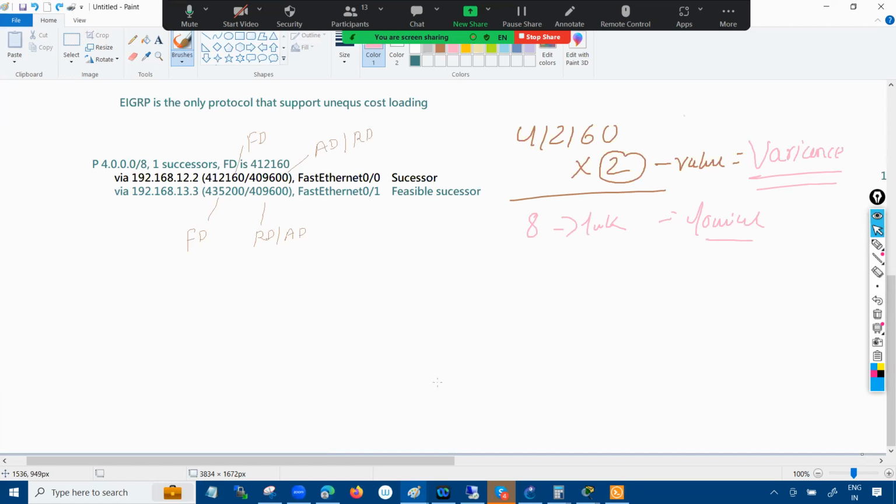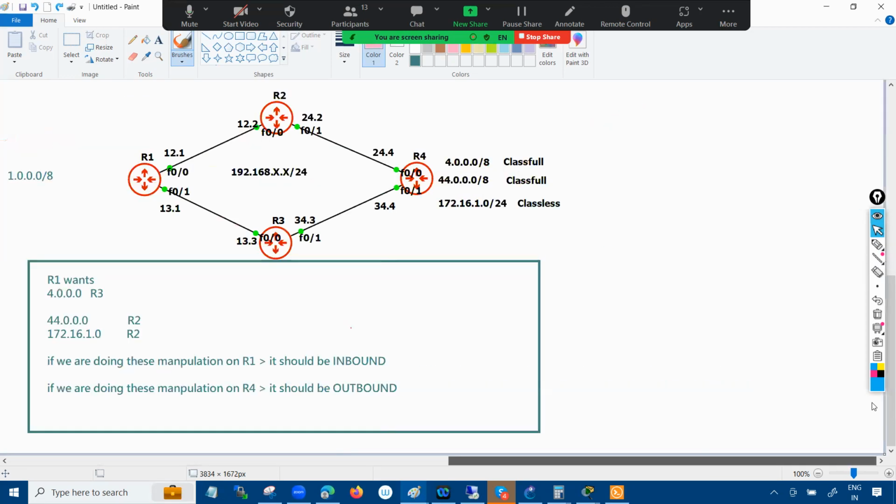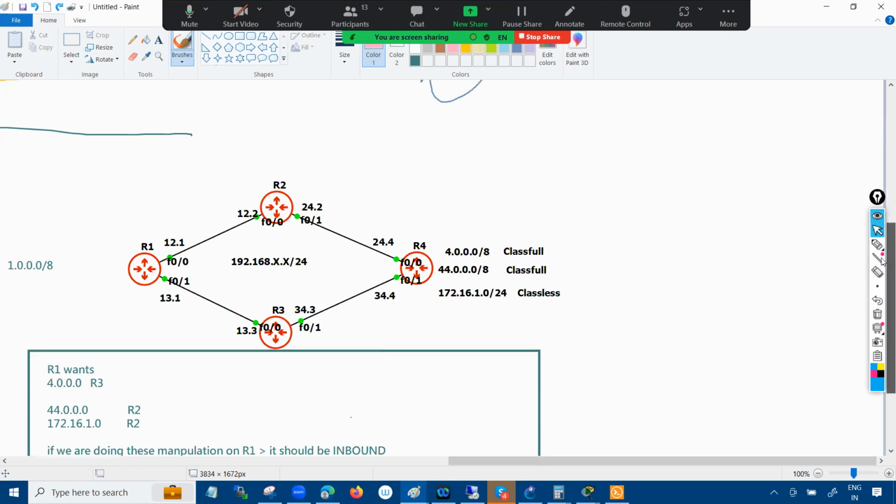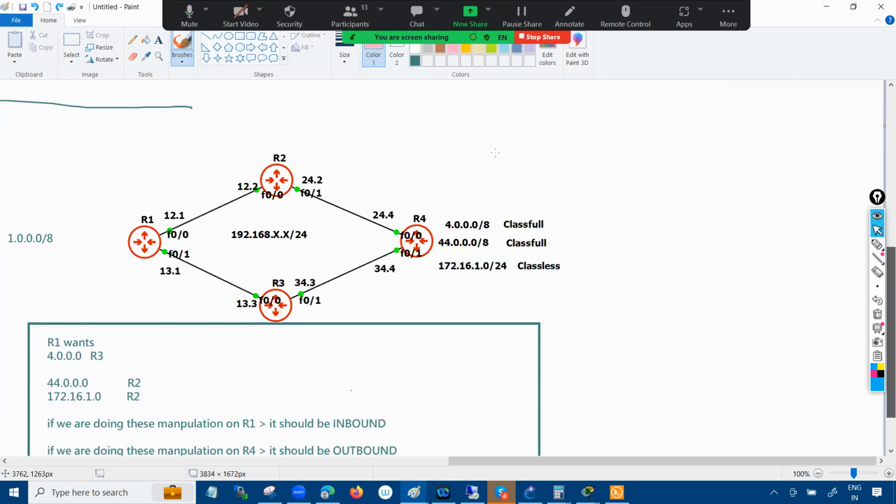Let's let you guys digest first, then we'll see you tomorrow with something more interesting with the EIGRP stuff. Yes, we'll do the EIGRP stuff and we'll try to do the ACL concept as well.